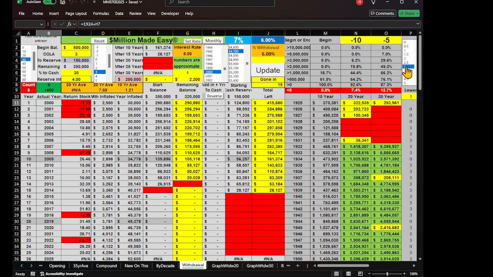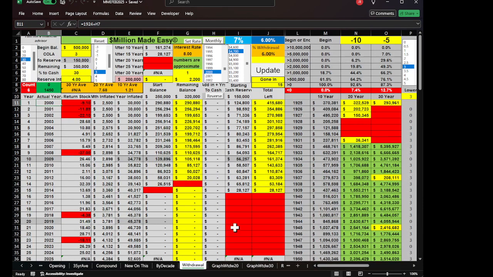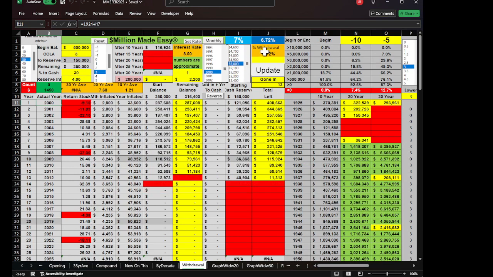But if you could eliminate the COLA in down years, then your money would last over 20 years, 92.6% of the time. Again, we just had the problem during the Depression years and during the year 2000. Let's do another thing. Let's climb up a little bit higher. Let's go up to 5,000 a month, which would be 6.72% with the same scenario.